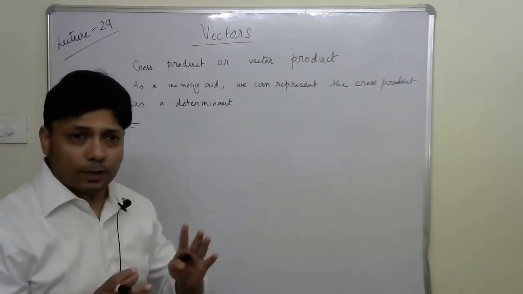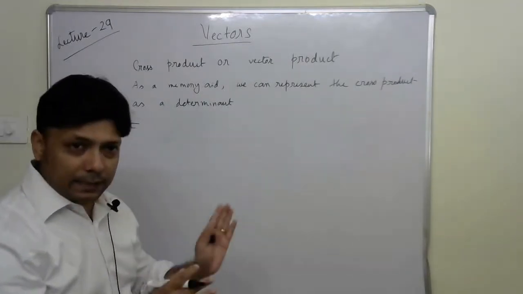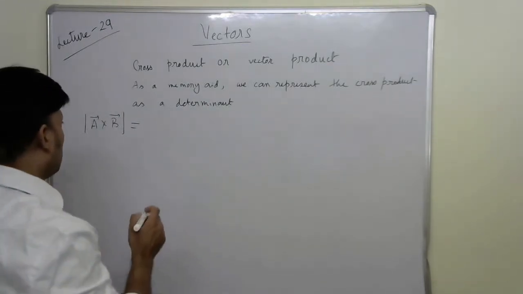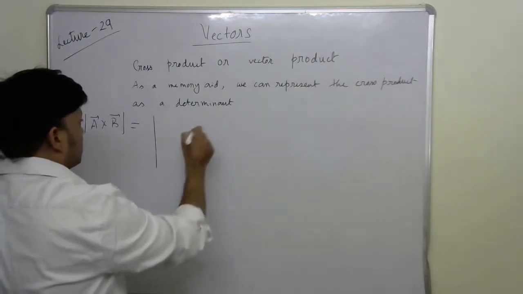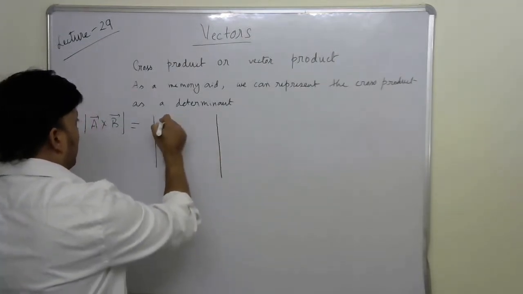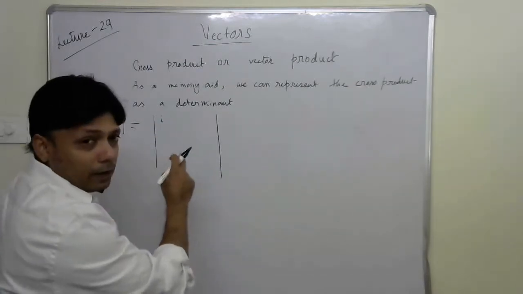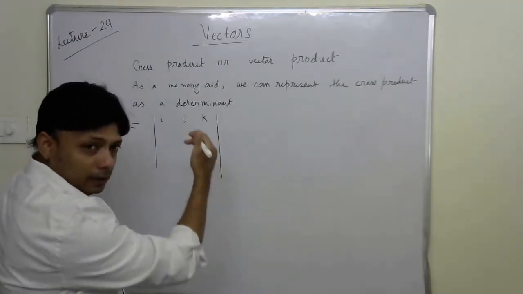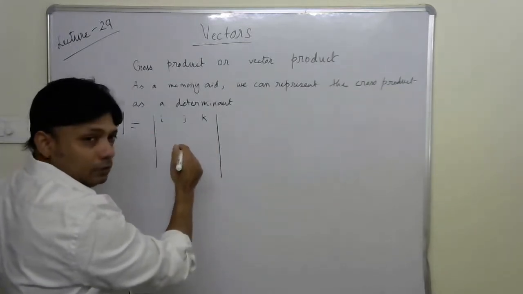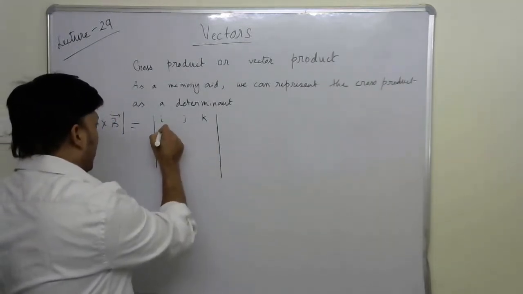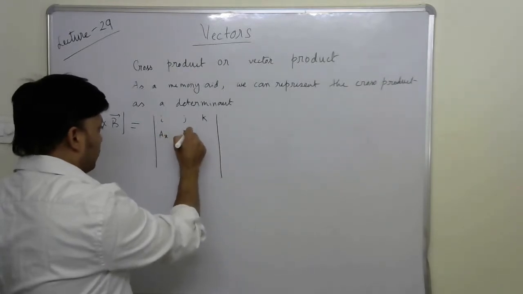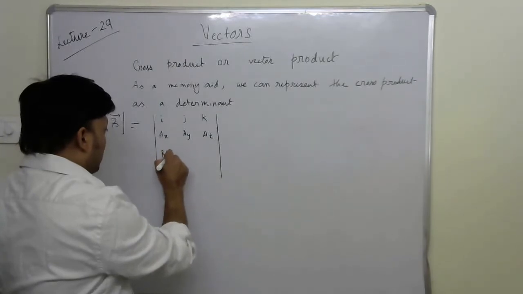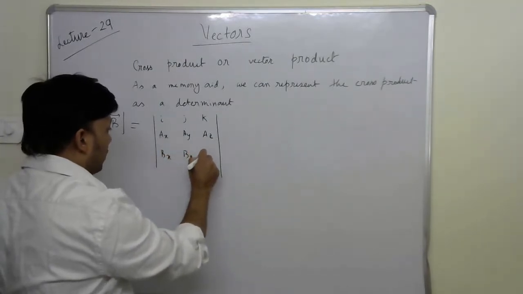This helps us perform the cross product of two vectors easily. We write the determinant with the three unit vectors I, J and K at the top, and at the bottom the three components of vector A along I, J and K respectively: Ax, Ay and Az. For B we write the same: Bx, By and Bz.